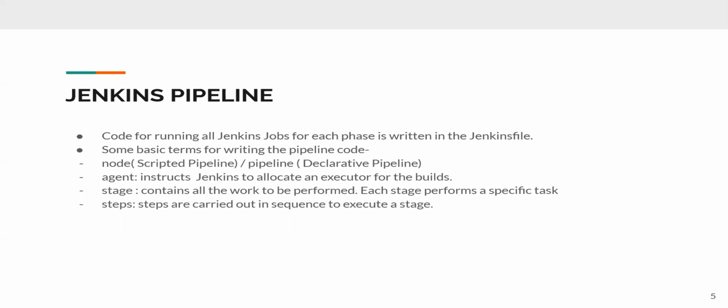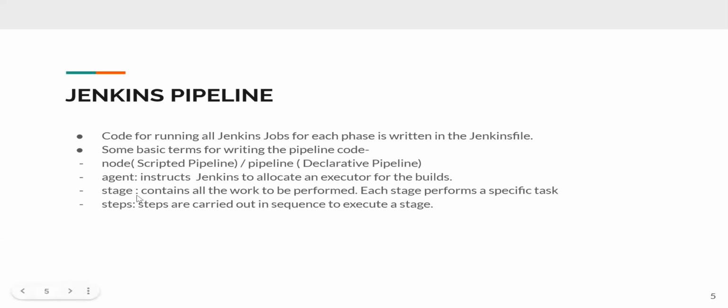We'll see more in detail as we go through the next slides. The other component that's very important is agent. Your agent basically instructs Jenkins to allocate an executor for the builds. Your agent can have values such as none, or values such as Docker. An agent can be defined either at the stage level, or for the complete pipeline.